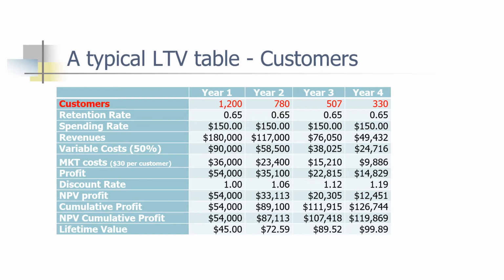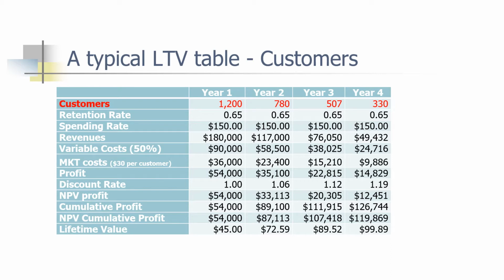So let's start. Okay, so here's a lifetime value table. And in this lifetime value table, you'll notice that it goes out 4 years. And in the first line on this table, we have customers. Now, we talked about customer bases in the last lecture. So these are 1,200 customers that we have acquired.